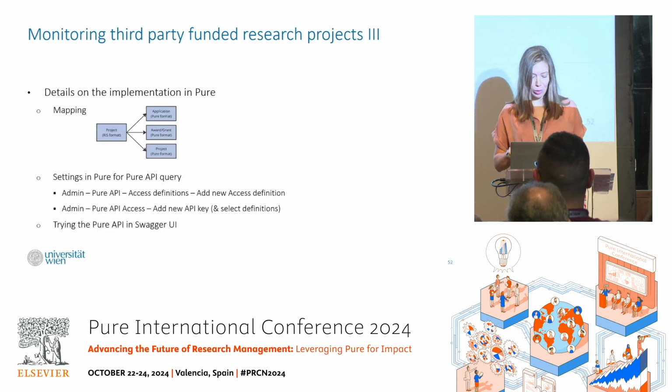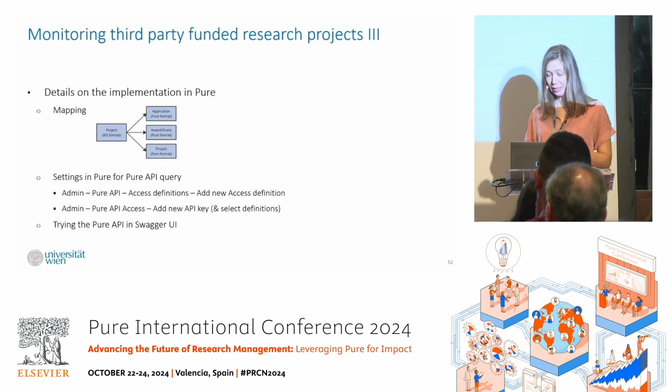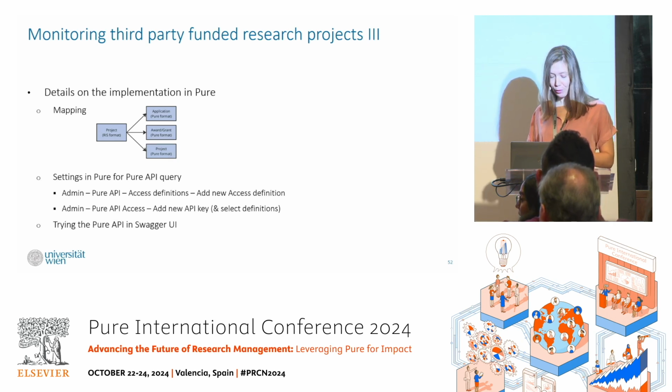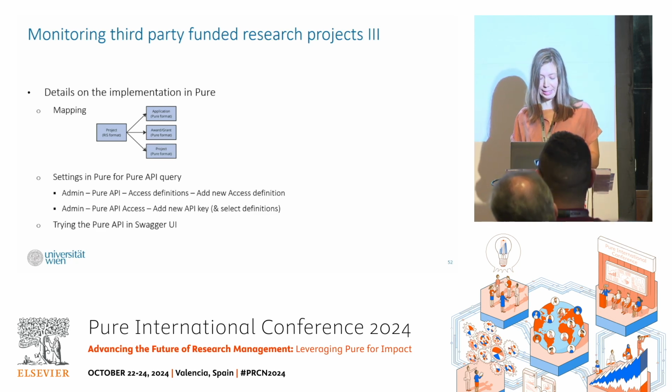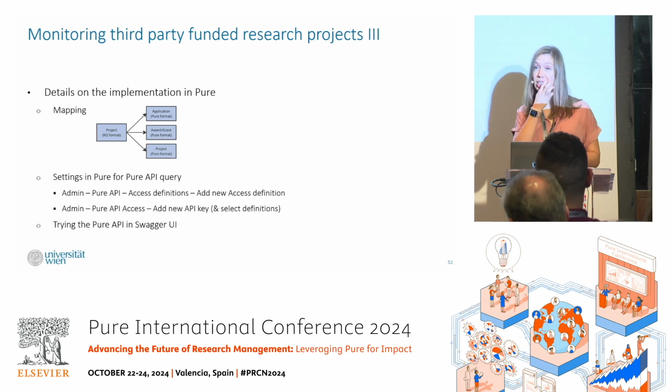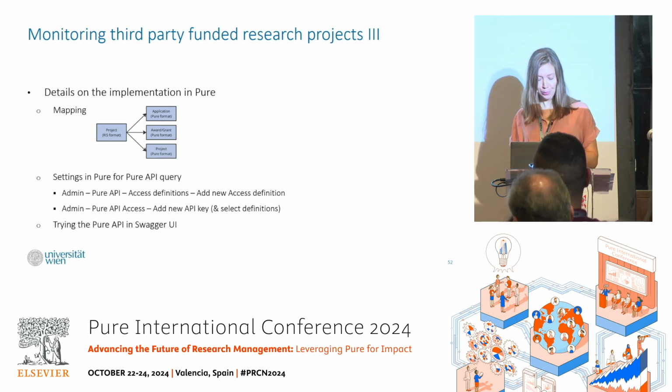So next I will give you a brief overview of how we integrated the tool with our CRIS and what configurations were needed. The first step was mapping the RIS format to the Pure format. We did this by simply assigning the data we received from the funding organization FWF to the corresponding fields in Pure, which we organized just in an Excel spreadsheet for the developer.